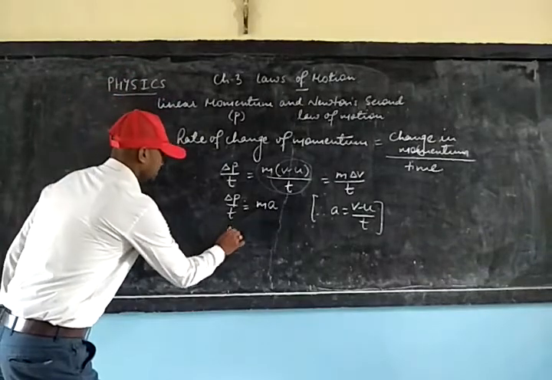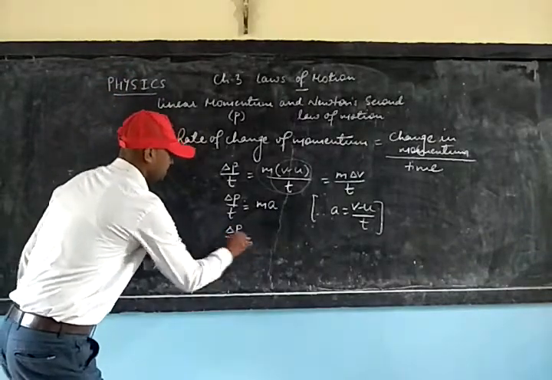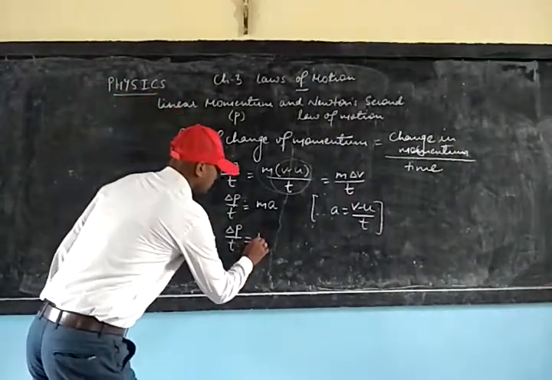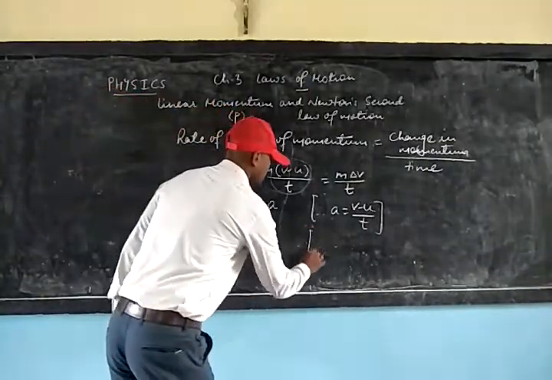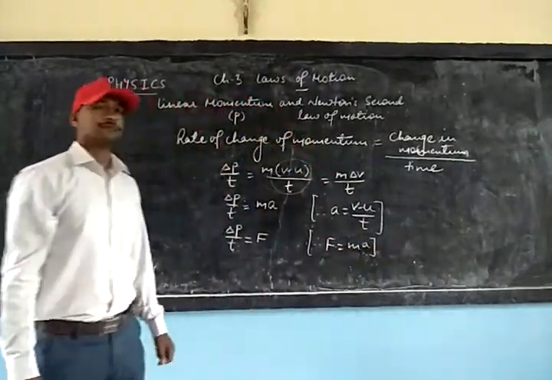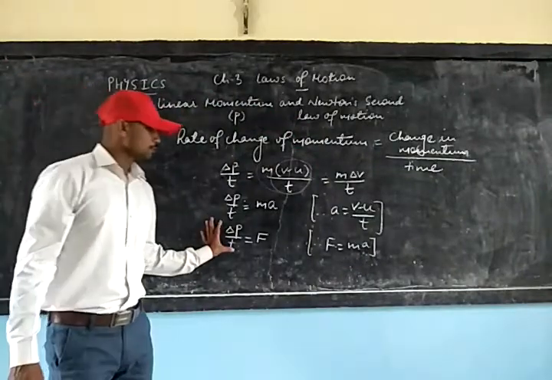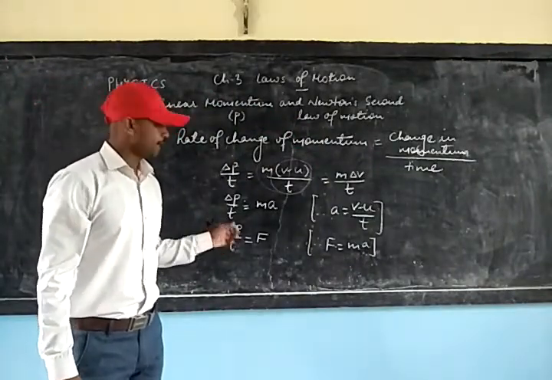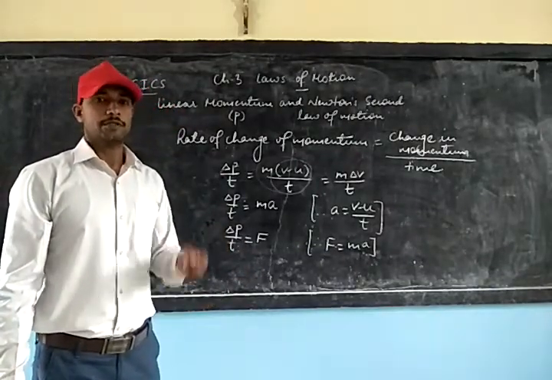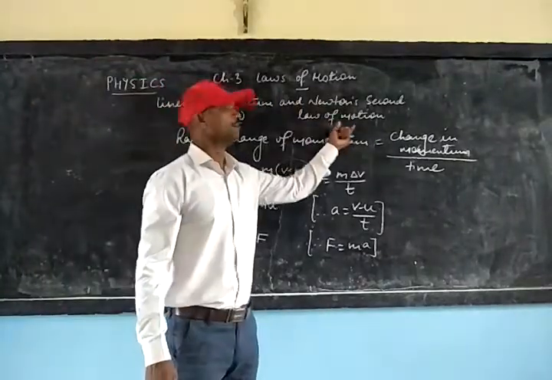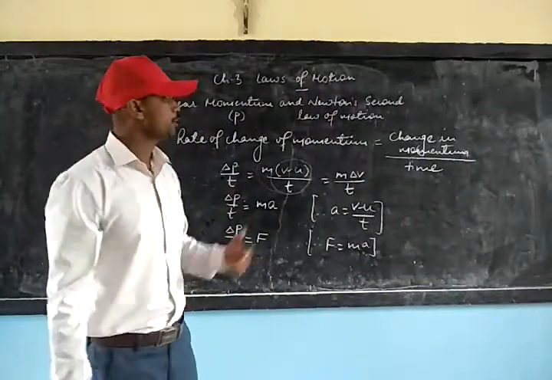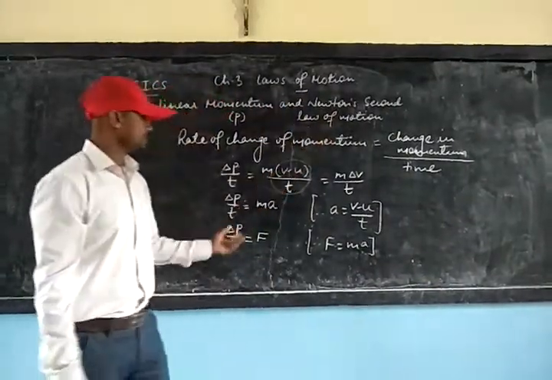Further we can write delta p by delta t, which is rate of change of momentum, is equal to force, because force is equal to mass into acceleration. If you come to this expression, you will find it is nothing but the expression for Newton's second law of motion. So let us now see how we can define Newton's second law of motion using this expression.